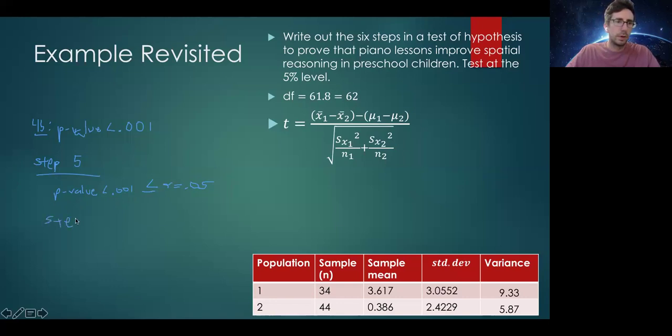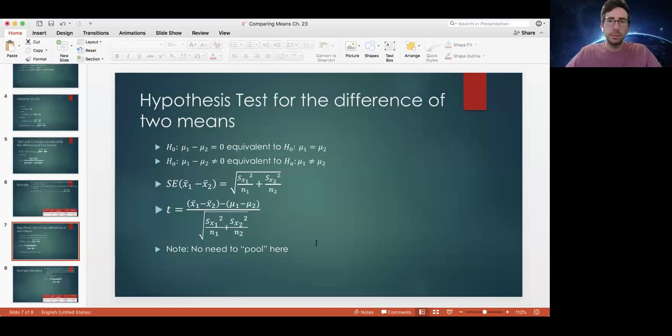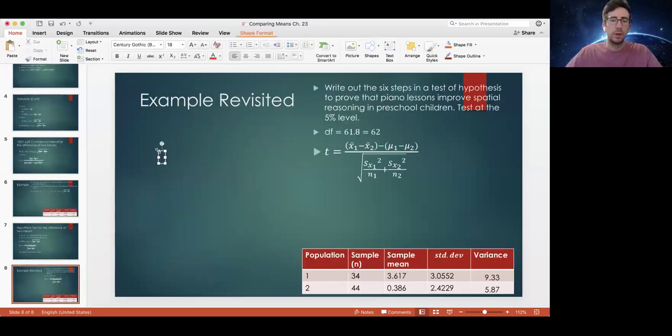So step 6 is our conclusion. When your p-value is less than your alpha, then you are able to reject the null. Sorry about that. So step 6, because our p-value was less than alpha, as we saw in step 5, step 6 is our conclusion.